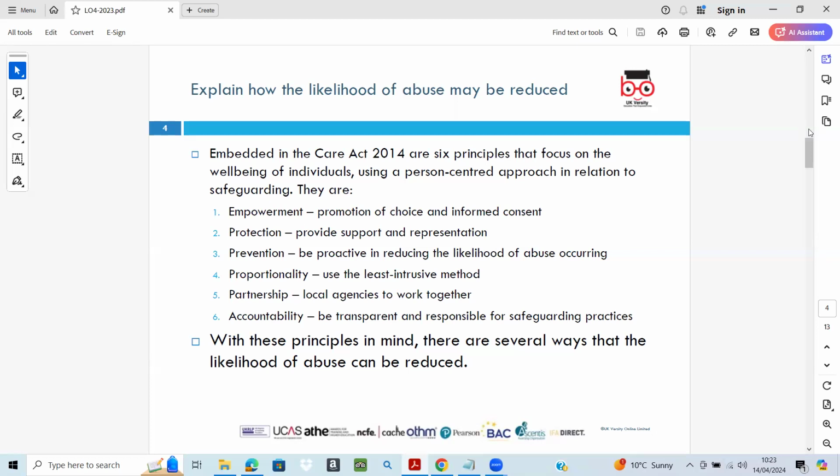This could include staff training, public awareness campaigns, and regular reviews of safeguarding policies to ensure they are effective. Proactive steps are crucial. And the next one is proportionality, the fourth principle, focusing on using the least intrusive methods in safeguarding practices.